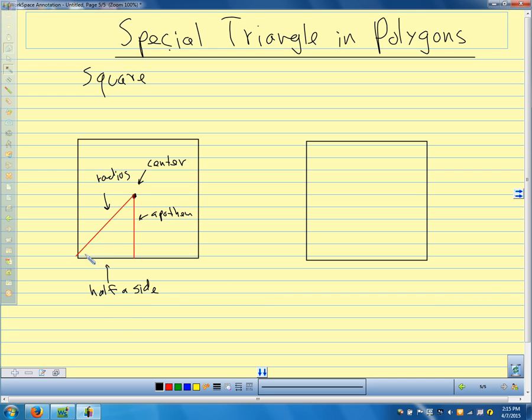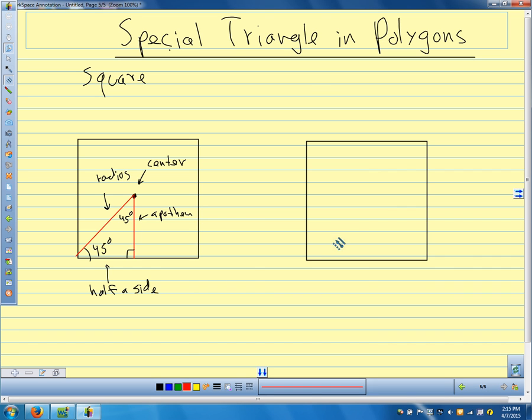And when I take my diagonal through the center of the square, what is this angle? It cuts that angle in half, so that's a 45-degree angle. And that's a 45-degree angle. So inside a square, we have a 45, 45, 90 triangle. And we can use our special right triangle rules to find missing pieces for squares.